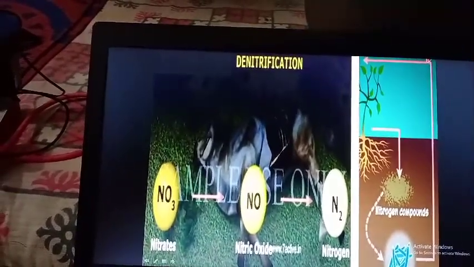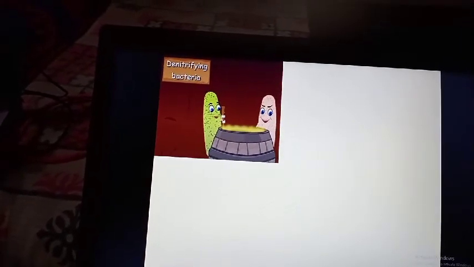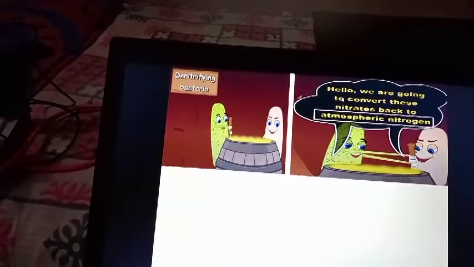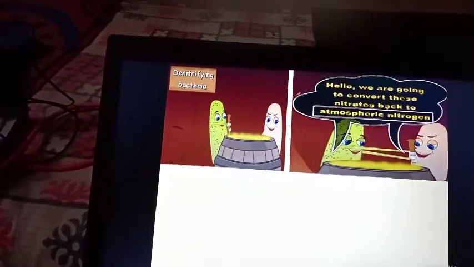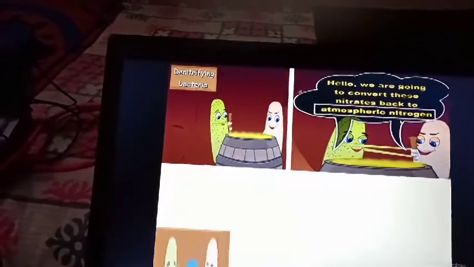It's called denitrification. Here we can see denitrifying bacteria, and nitrogenous waste is in this bin. The denitrifying bacteria are going to convert the nitrates into atmospheric nitrogen.